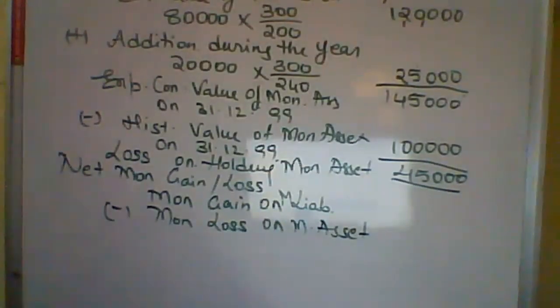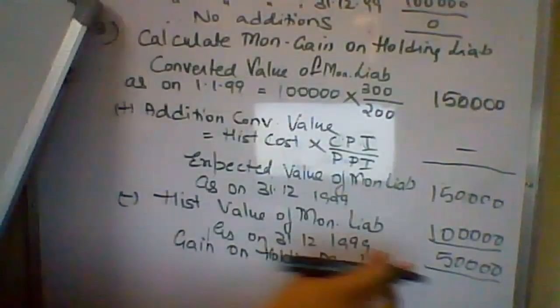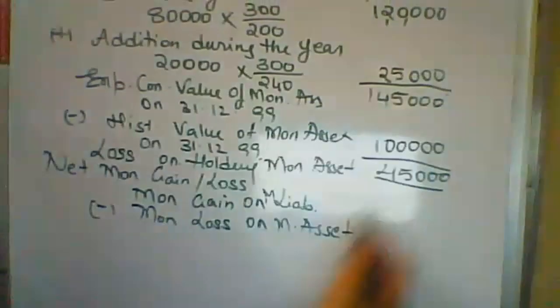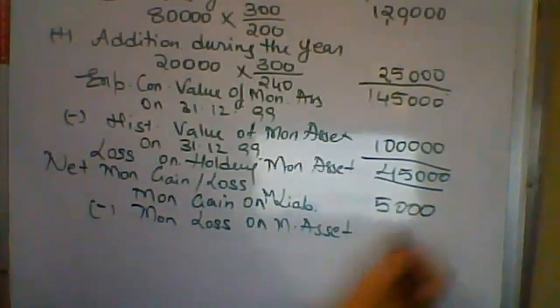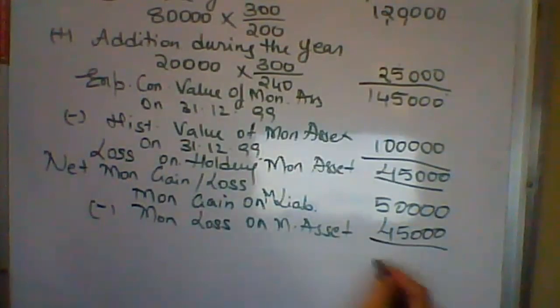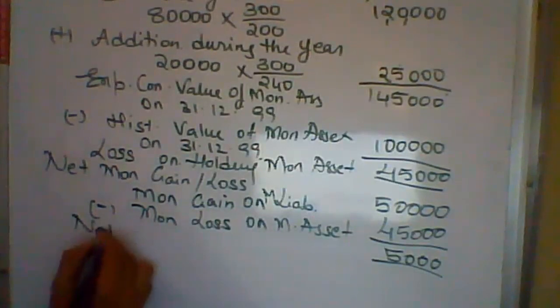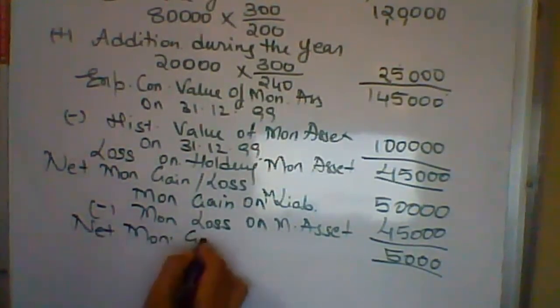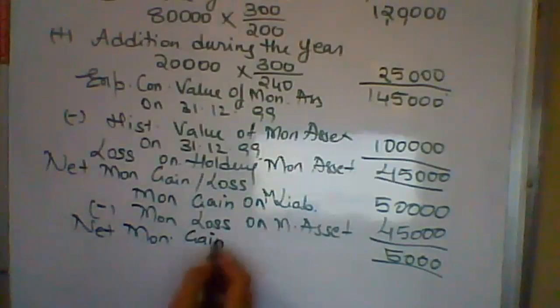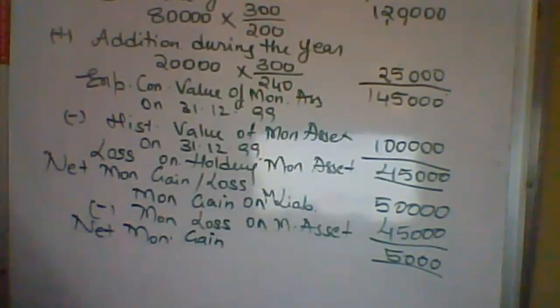We have seen here that the monetary gain on liabilities is 50,000. Therefore, 50,000 minus 45,000, I get a net monetary gain of 5,000 rupees.